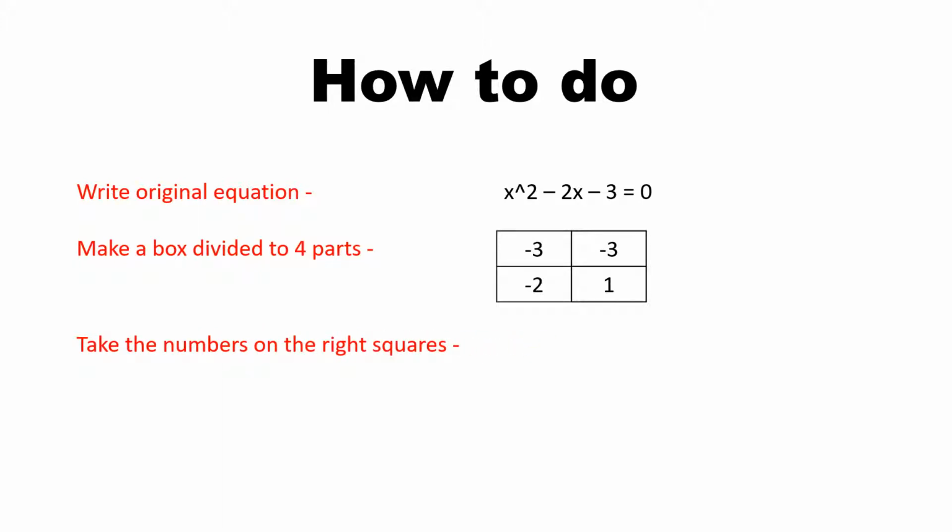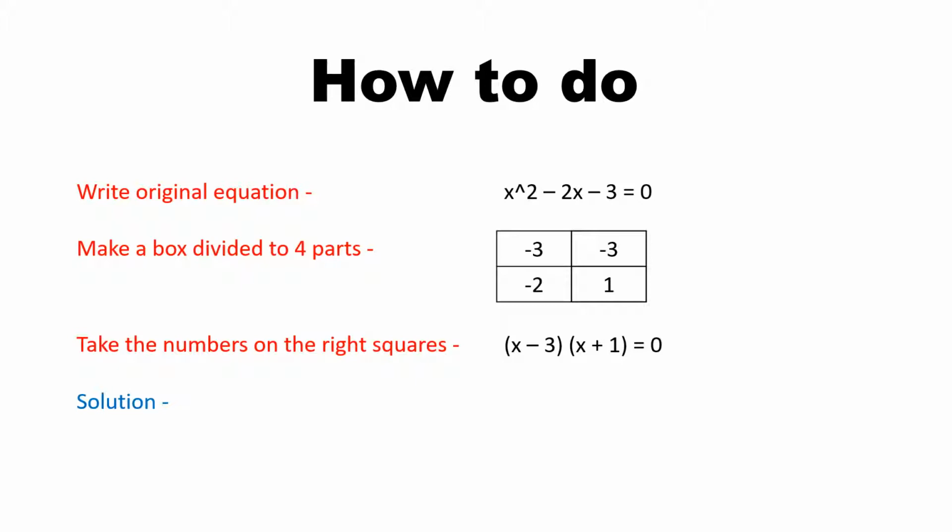So now you take the numbers on the right square and put them this way: x minus 3 in a parenthesis, and x plus 1 in a parenthesis, and if it has equals 0, mention it, and if it doesn't, you can just leave it.